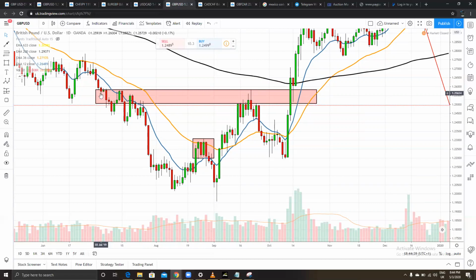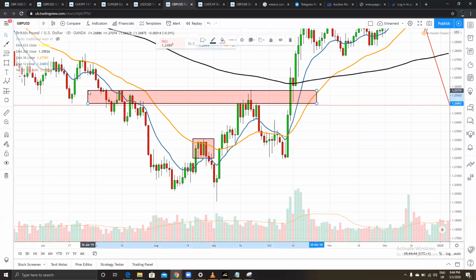All we are saying in this particular scenario is the sellers are taking advantage of this significant area to make a sell decision, such that when they sell off this time around, the magnitude of the selling off cannot be compared to the magnitude of the selling off of the first move.